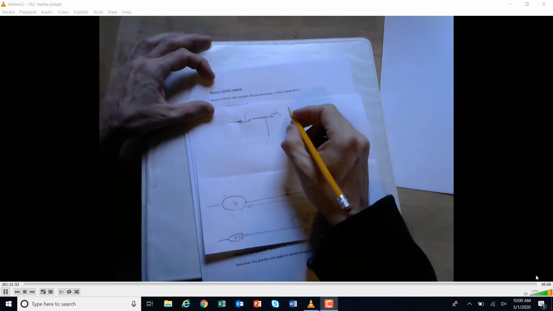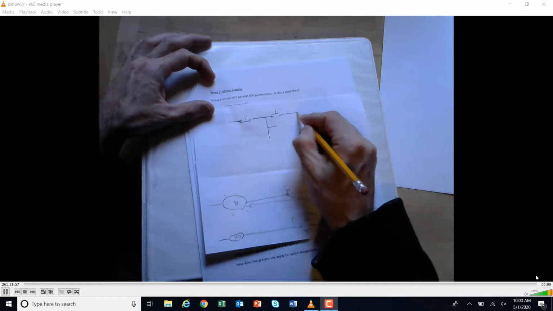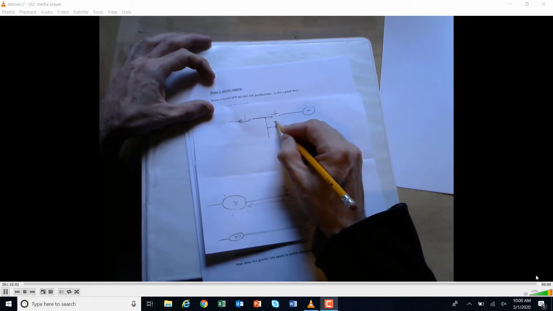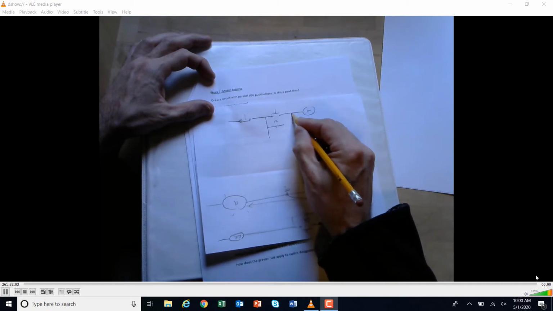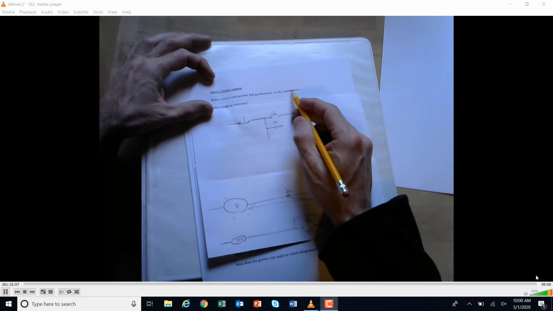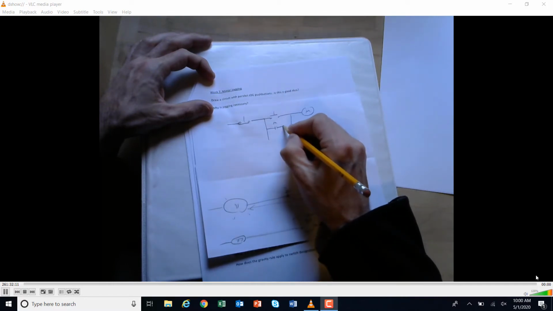This is interesting. Here's my motor starter. We could have my motor like this, right? And what we would do is put in a jog button in there, okay?